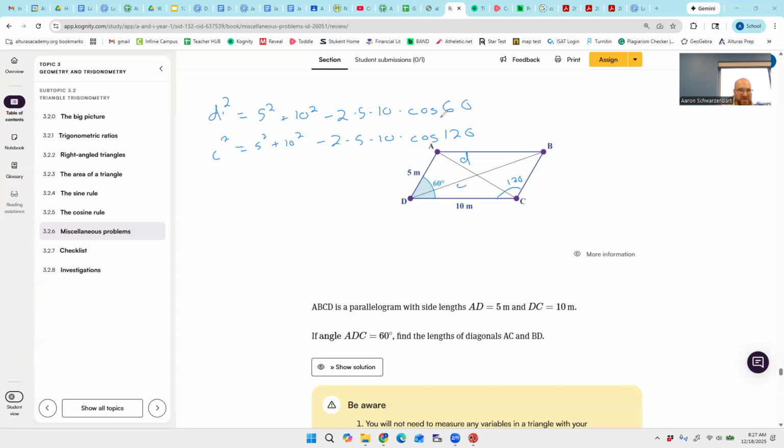The square root of 75 is d. d is 8.77. C is the square root of 175. So I know cosine of 60 and 120. 13.32.